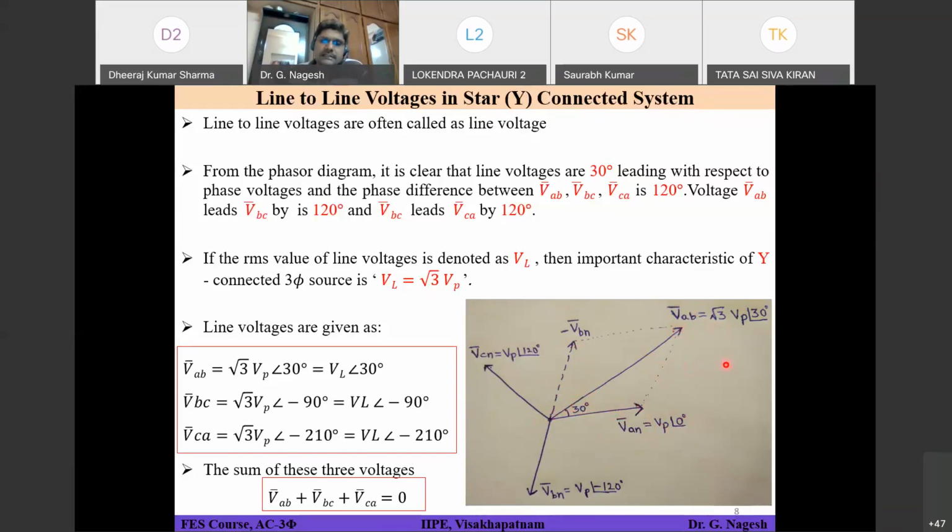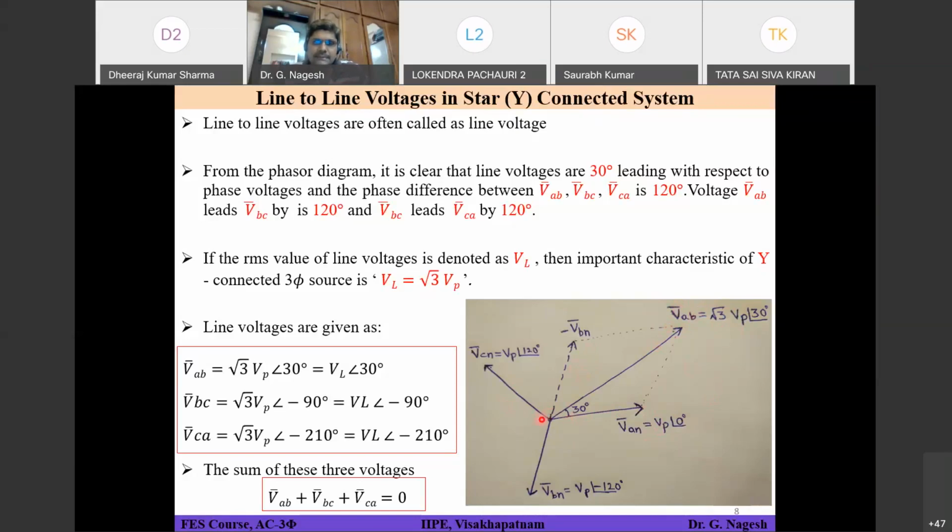We have already seen that you get a line voltage of root 3 into VP at an angle of 30 degrees. In the previous case, we considered VP equal to 100, so you will get root 3 into 100, which is 173 point something, at an angle of 30 degrees. These are called phase voltages, VAN, VBN and VCN, and VAB is called a line voltage. So what could you observe from this line voltage?